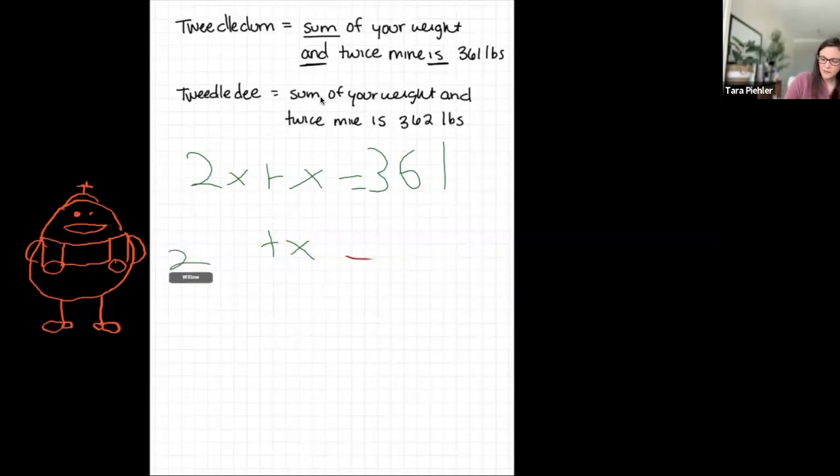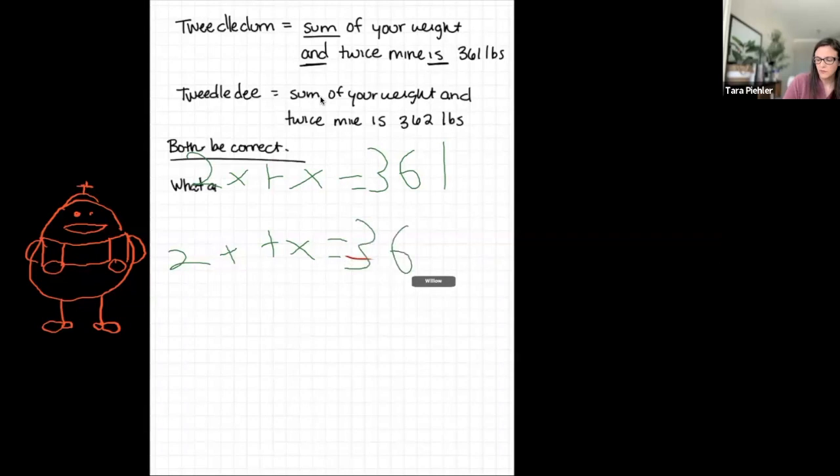So I need them to both be correct. Okay, so the question is, they're both correct, and I want to know, what are their weights?